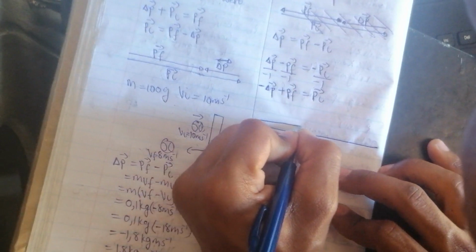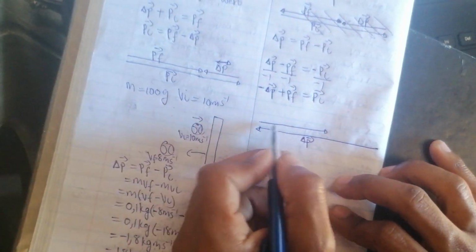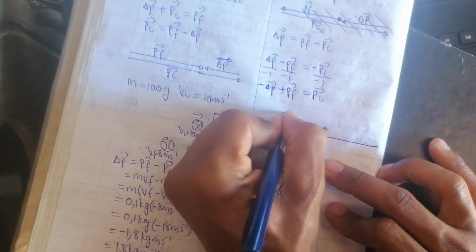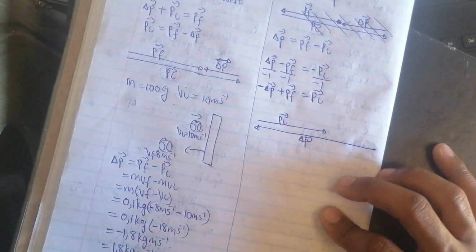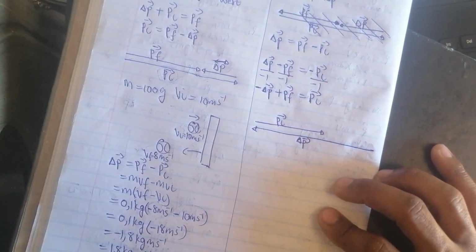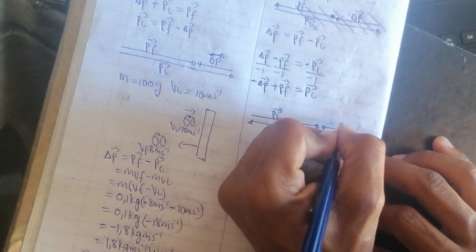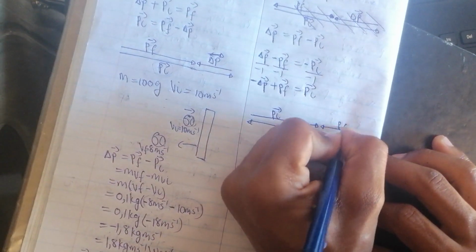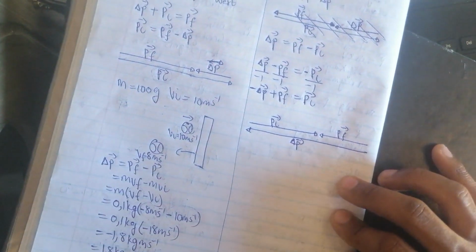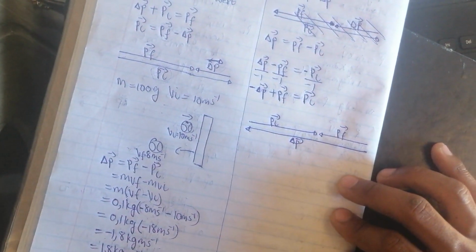So I'm going to do this. This is the initial momentum. And now look at the final momentum. It is negative, therefore we're going in that direction. And this would be the final momentum. Very good.